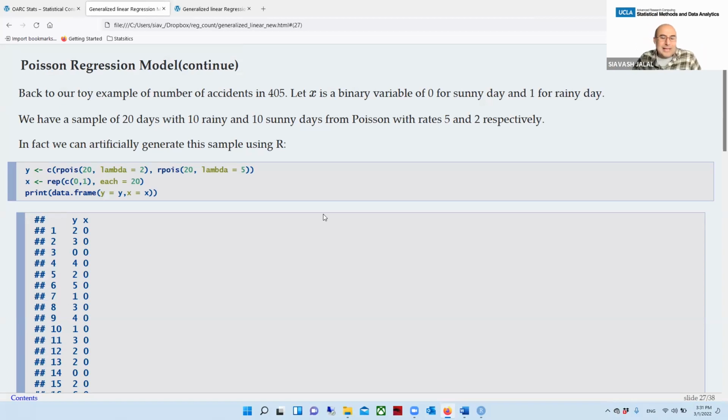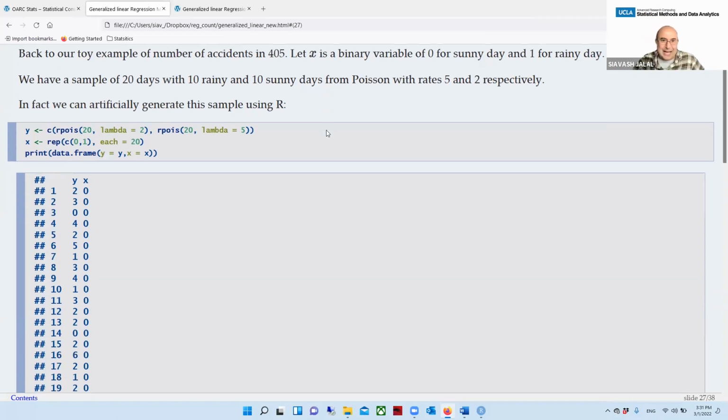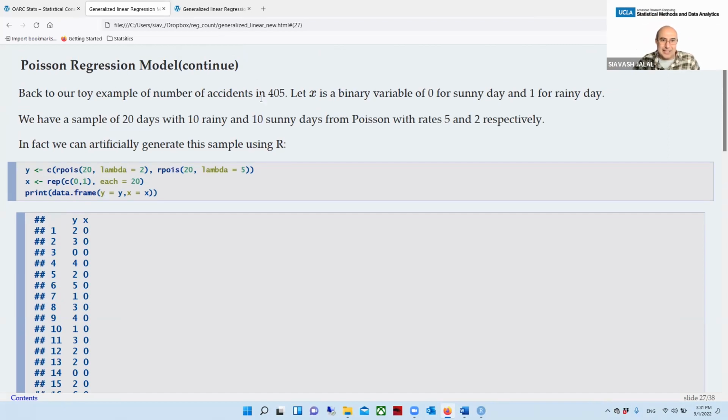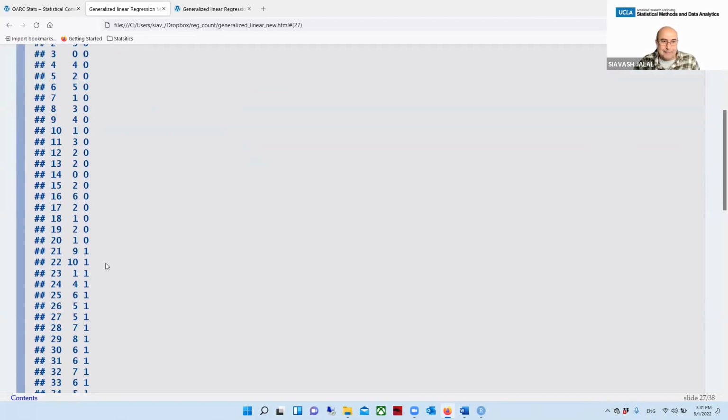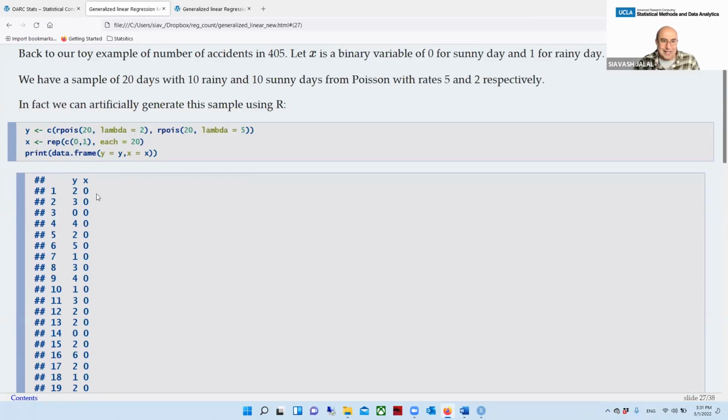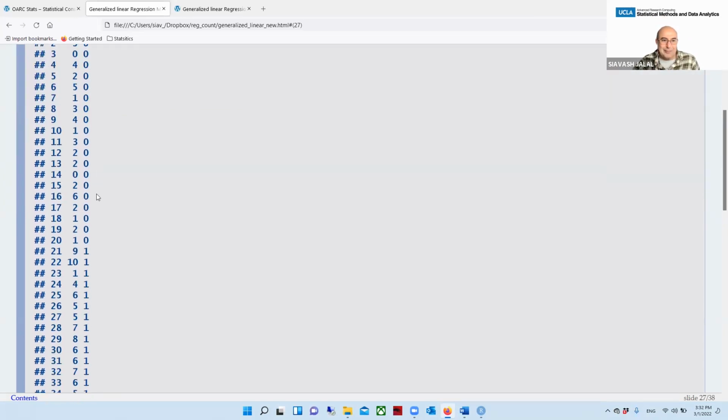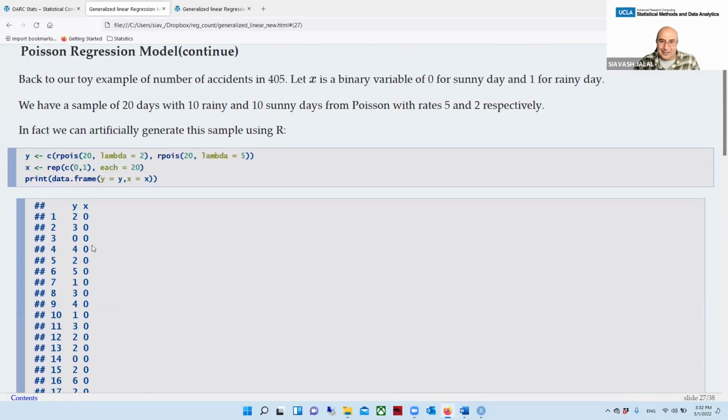So let's go back to that artificial example of the Poisson regression of the accidents. We can generate artificially two sets of data, one for sunny days, one for rainy days, and then put them together and define a sunny-rainy variable as x, right? 0 means a sunny day, and 1 means a rainy day, okay?